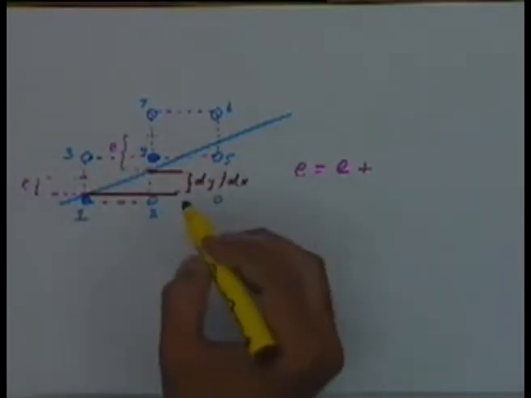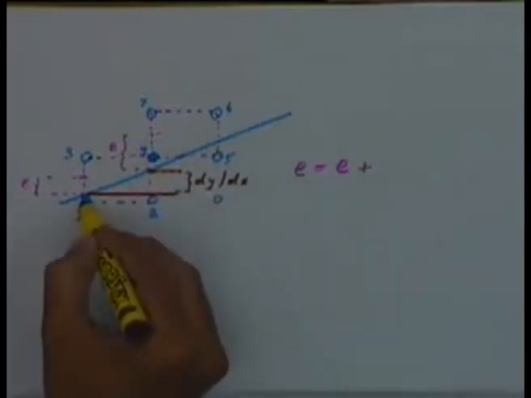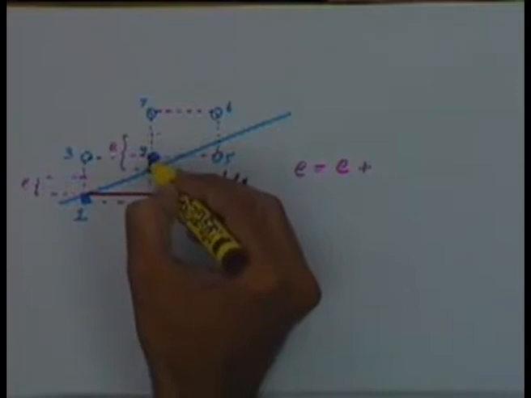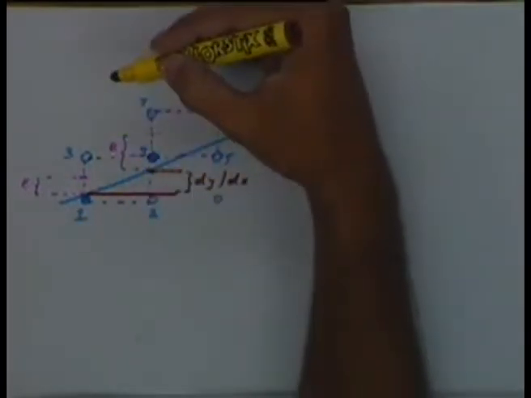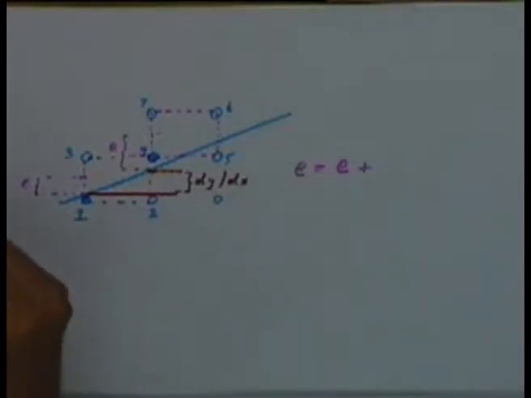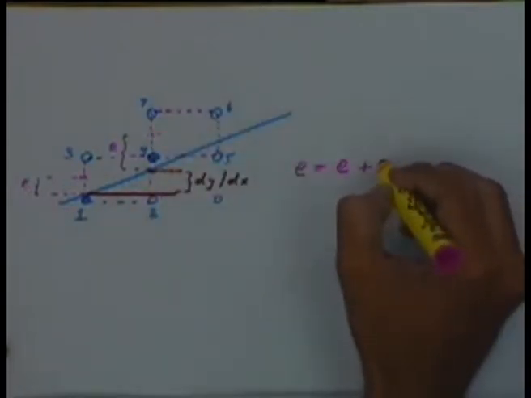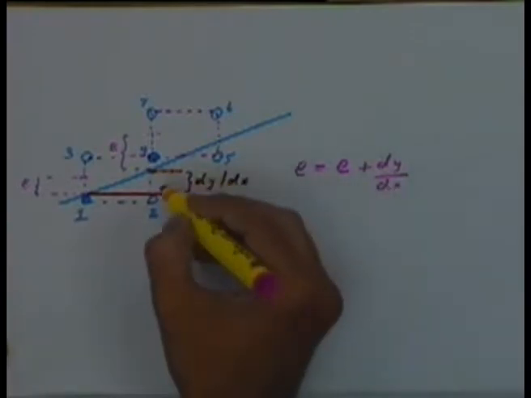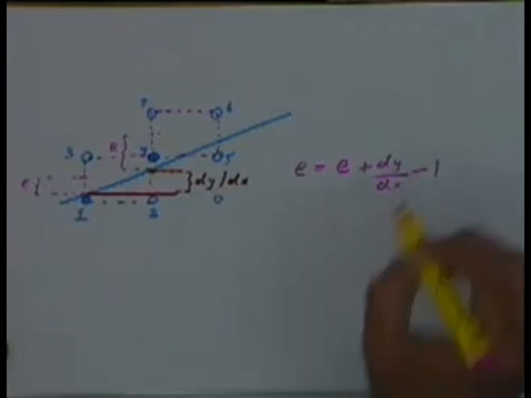And if you look at this pixel, earlier it was this pixel, now the pixel being displayed is this one. So the pixel to be displayed has also moved up by 1 unit. So the error term, because of the line moving up, would increase by an amount of dy by dx, and since the pixel being displayed has also shifted up, the error term will come down by 1.